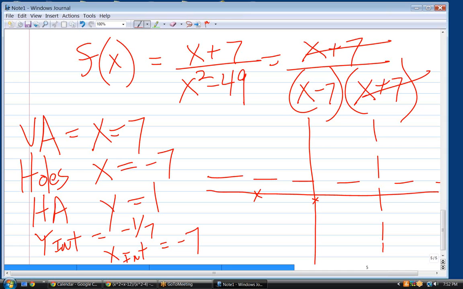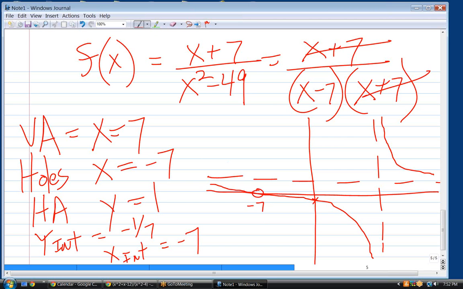So there's no x-intercept. It's going to go through there, but there's going to be a hole there. Okay, so we're certainly on this end over here. And in fact, I can draw it. Which means we're up here also. And now, instead of going through the x-axis, I'll draw the hole at minus 7.